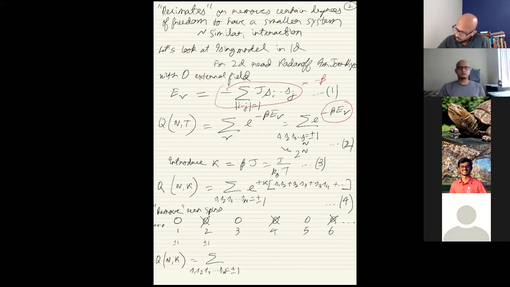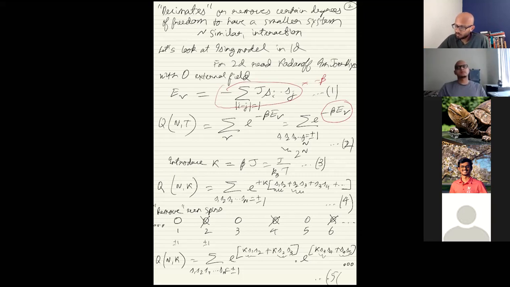So this is e to the power K S1 S2 plus K S2 S3, multiplied by e to the power K S3 S4 plus S4 S5, and so on. I haven't done anything profound. Equation 5 is just writing equation 4 by changing the variables a little bit. If you look at this, it's the same thing.